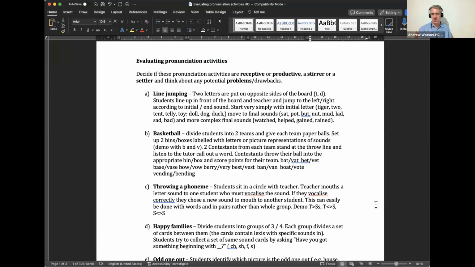So the teacher makes the sounds and the students jump. If the teacher is going to make the sound for the students, it could be more receptive, no? That's totally right. So let's put that there.